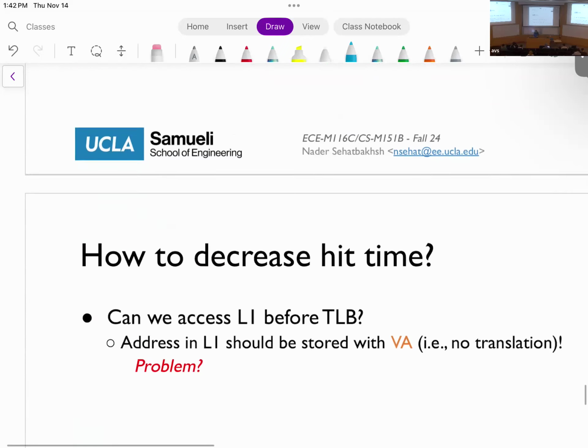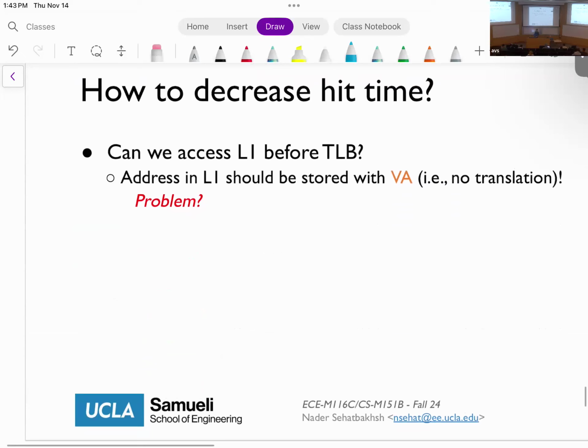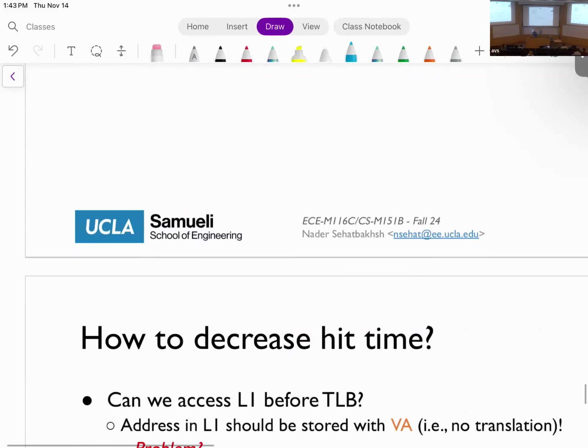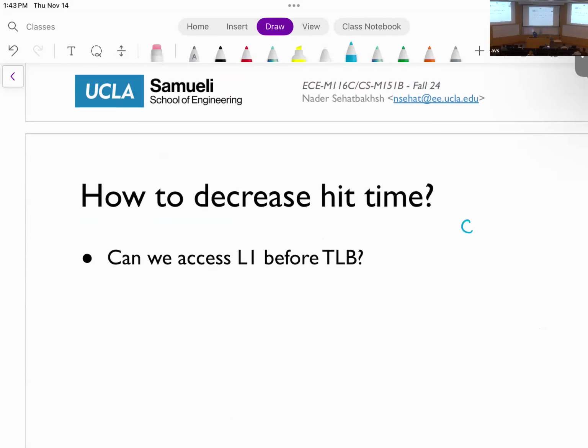In order to do that, I need to somehow access my L1 using virtual addresses. Because remember, the address that I have from the CPU is a virtual address. The reason that I need the TLB is to translate this to a physical address.